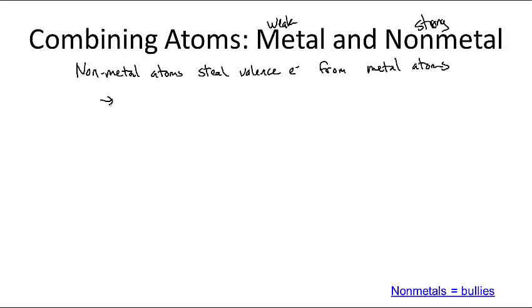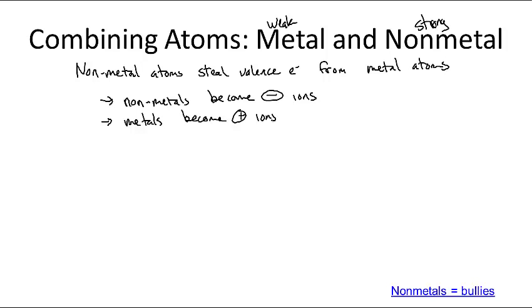Then, as that happens, the nonmetals become negative ions, called anions. The metals become positive ions, which are cations. Remember, cat's positive.